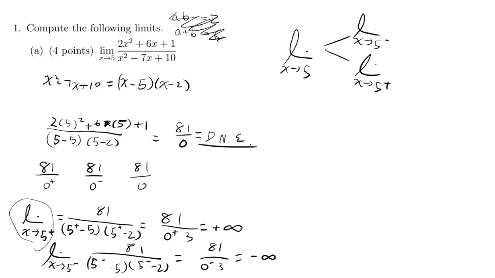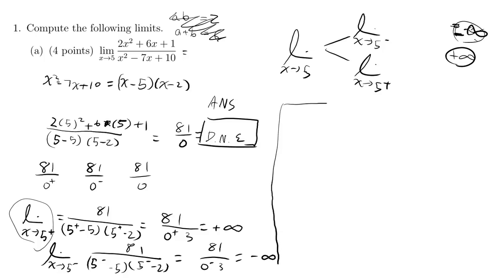If they both yield plus infinity, for example, in that case you really have to write your answer as positive infinity, not DNE. Also, if they're both negative, then you would write negative infinity. But if one side goes to negative infinity, like our case, and the other side goes to positive infinity, then you can't say it converges to either plus infinity or negative infinity, so the only possible answer is does not exist.